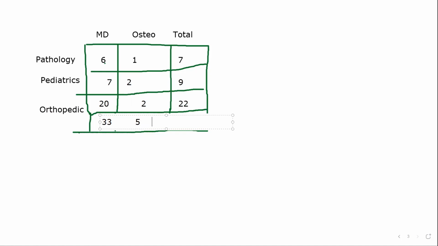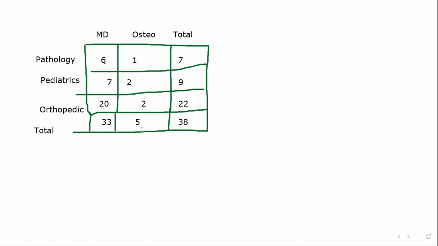And this is 38. So one way to check this is this corner total, the total of all of your participants in your sample space, should be the same.